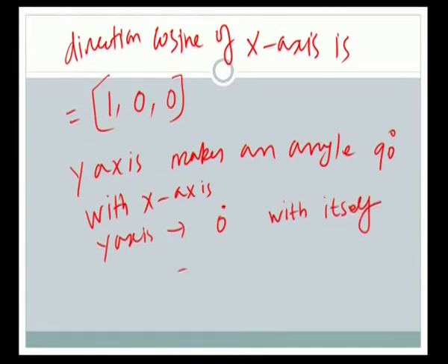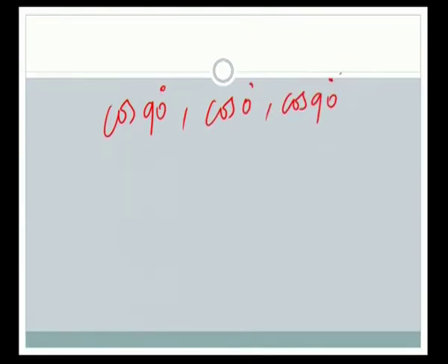Then the same y axis makes an angle 90 degree with z axis, or y axis is at 90 degree from z axis. So, the direction cosine of y axis is cos 90 degree, cos 0 degree, cos 90 degree. So, these three are the direction cosines of y axis.